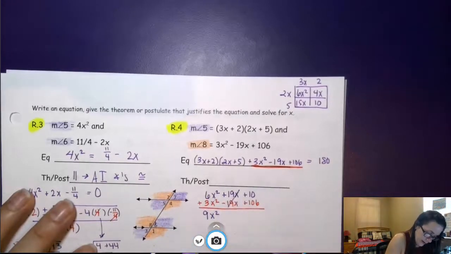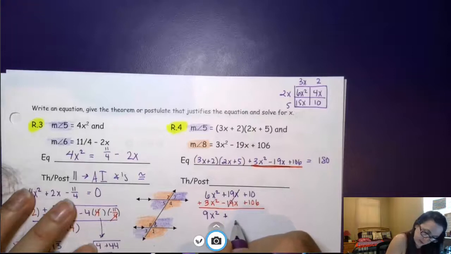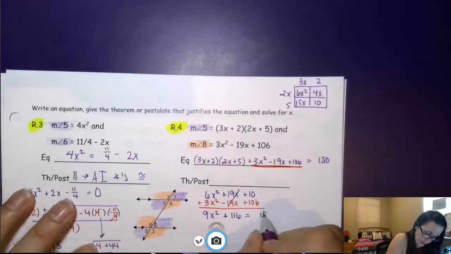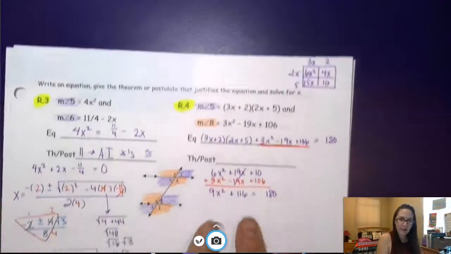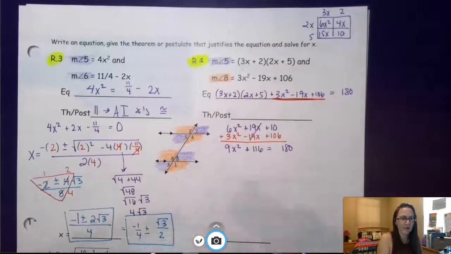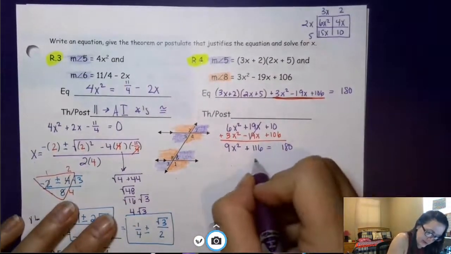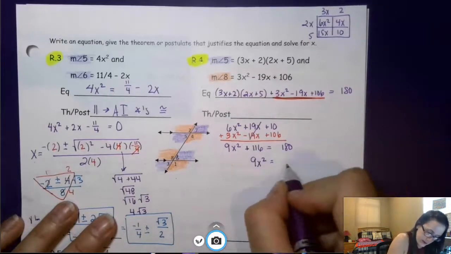This divides out, or subtracts out, plus 116 equals 180 degrees. So this doesn't have an x squared and an x. This just has the x squared. So I'm going to try to just solve this for x. Subtract 116, end up with 9x squared equals 64.